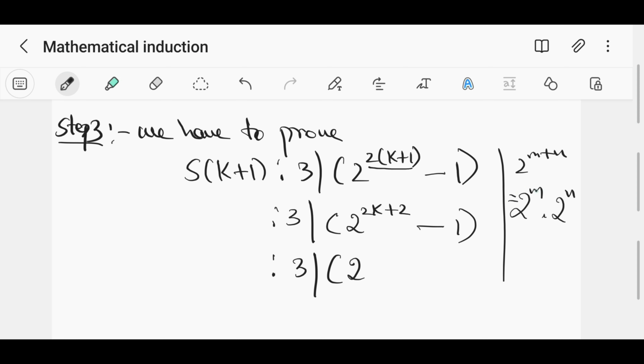When the bases are same, you can add the powers. So I will write this term as 2 to the power 2k into 2 to the power 2, minus 1.